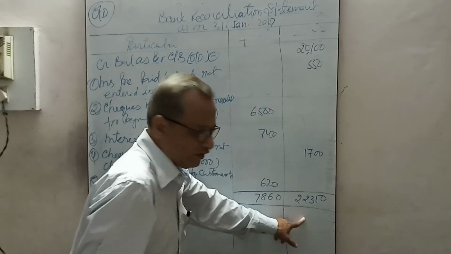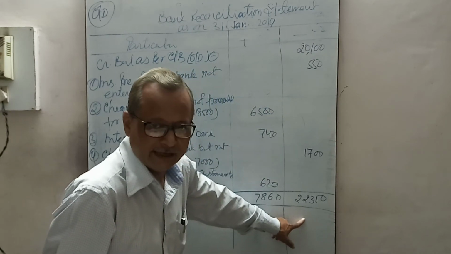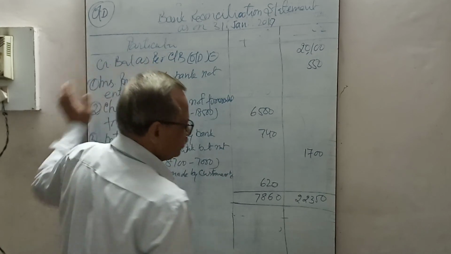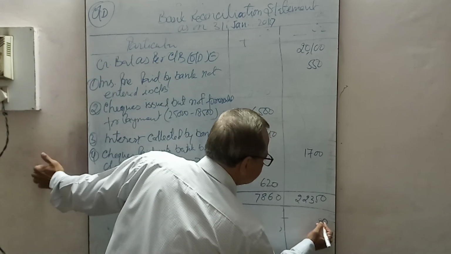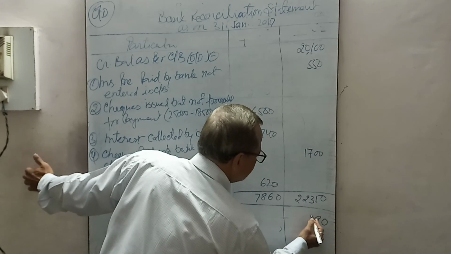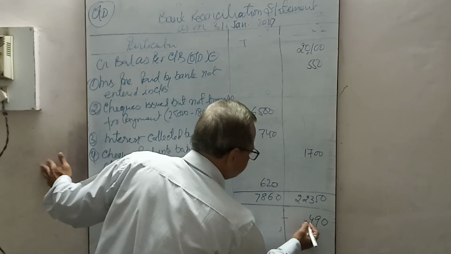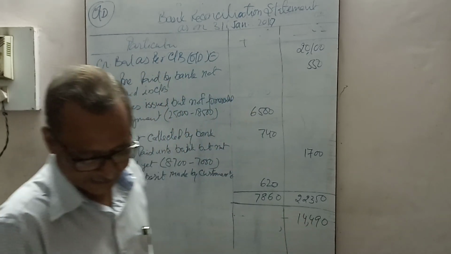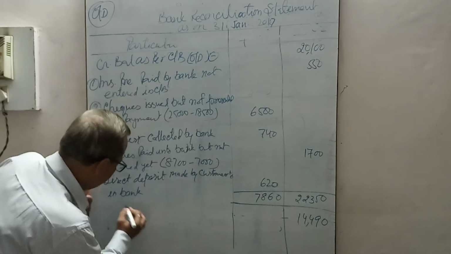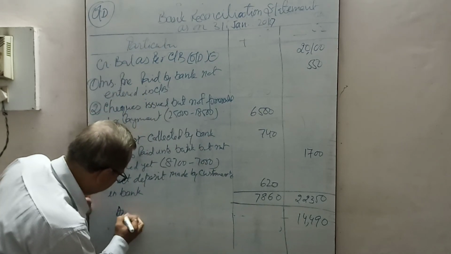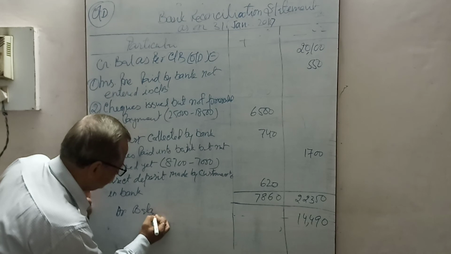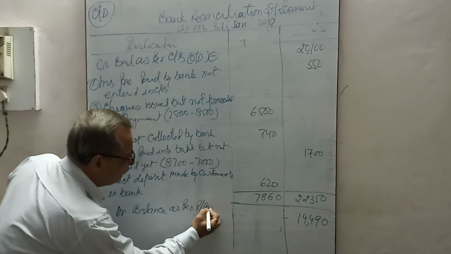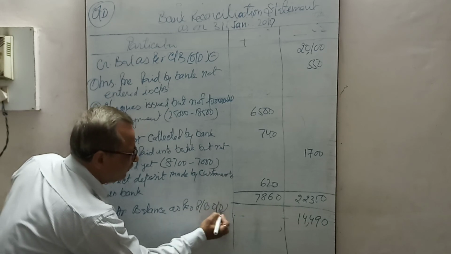It means the balance which we will get now will show the minus balance as per passbook, as per the above given cash book. So right here, 14,490 is the debit balance as per passbook, that is called overdraft.